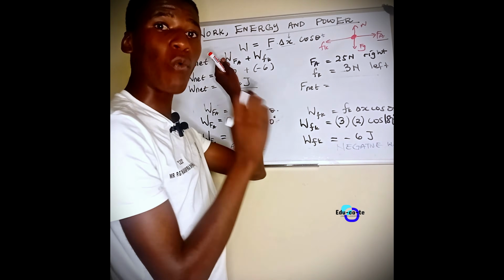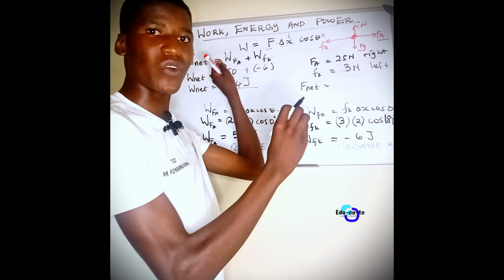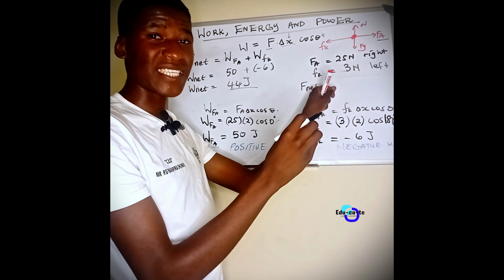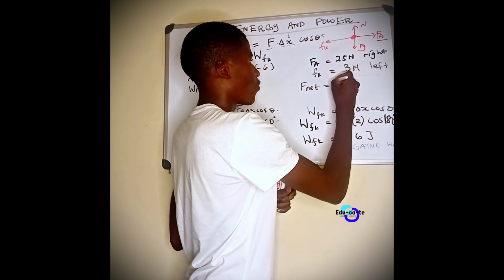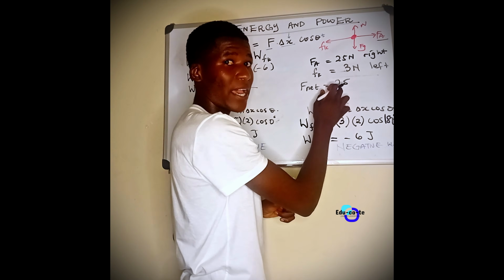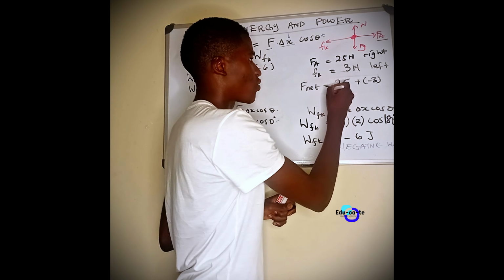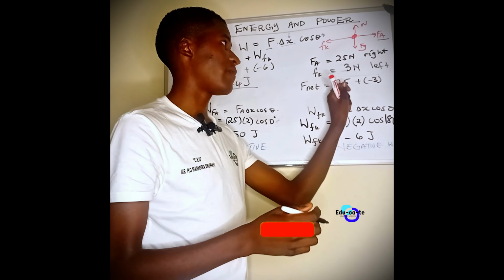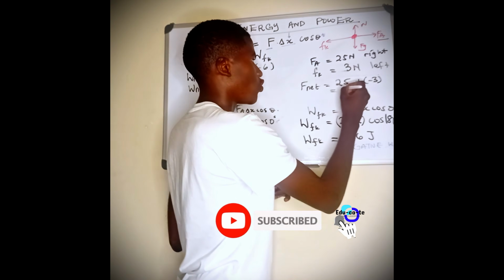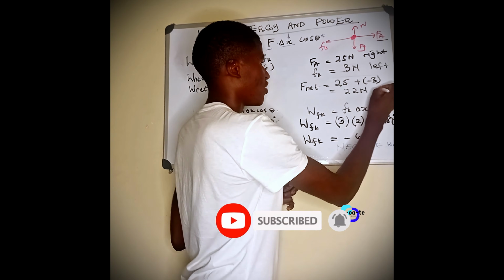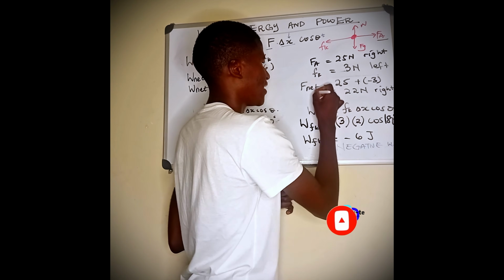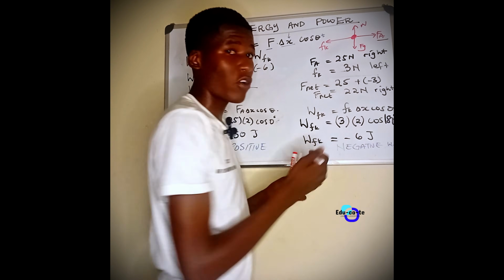But when you are combining works, you do not consider direction. Force is a vector quantity. So here you have 25 newtons, the applied force, plus negative 3 newtons, the frictional force. So the net force on this object is 25 minus 3, which is 22 newtons. So 22 newtons to the right is the net force on the object.